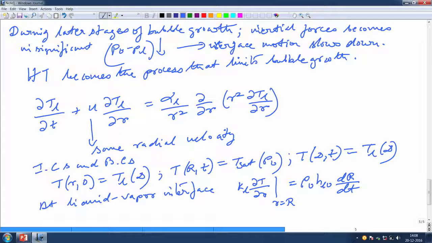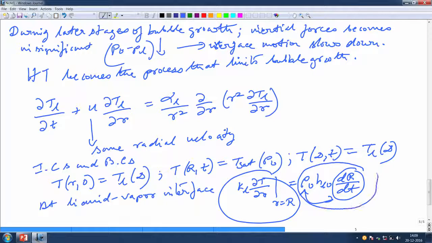This is nothing but the mass, this is rho into V, and the area cancels from both sides. So, it is basically K into the conduction flux, which is equal to the heat being used for the latent heat of vaporization. That is the essence of this particular story.